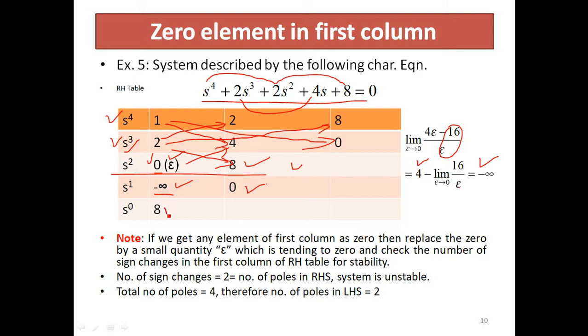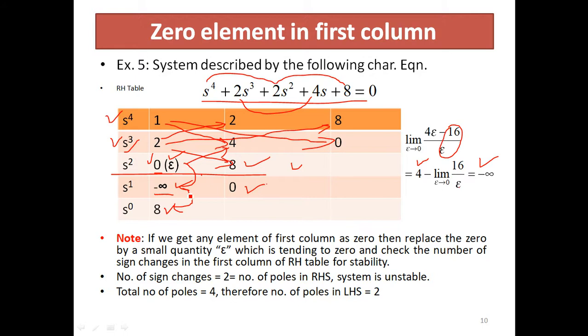Similarly, this element can be calculated following the same steps. So what about the stability? The ultimate aim is to determine the stability of the system using the Routh array. Here the sign changes from positive to negative one time, and another time here. So there are 2 times where the sign changes, plus to minus and minus to plus.